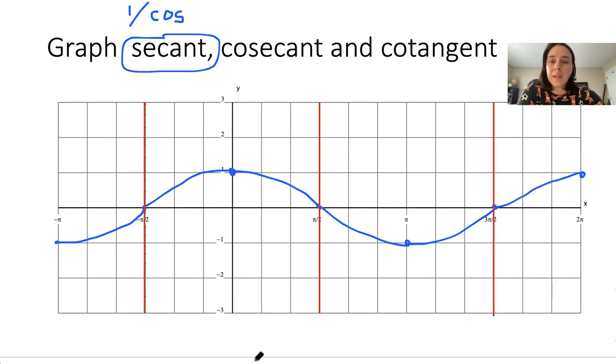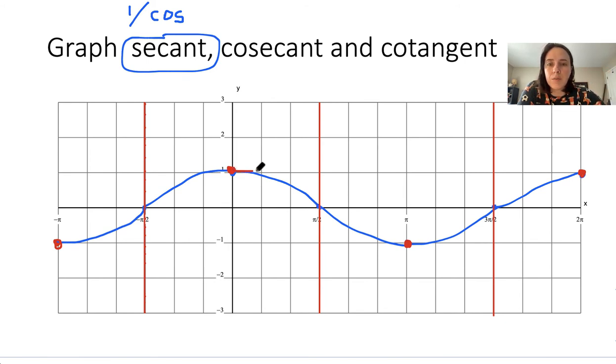So then from there, our peaks, or our crests and our troughs, so the high and low points of our parent function, they're going to share that point. So we're going to share these points. And then we can look at, okay, if my cosine is positive, that means my secant is also going to be positive.